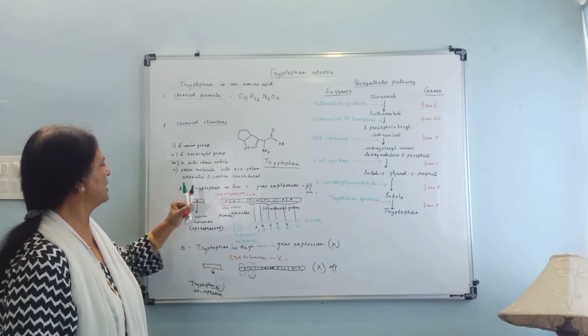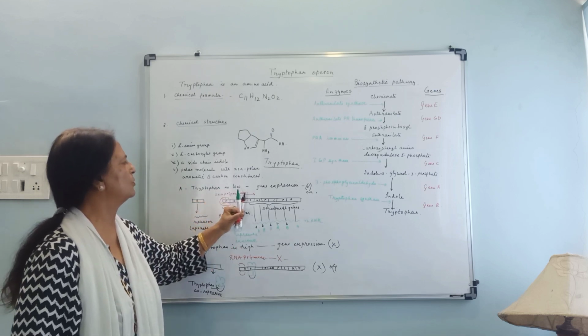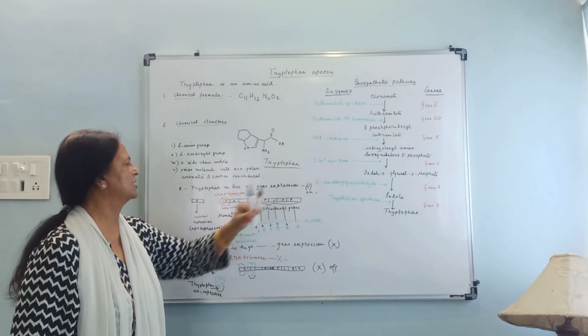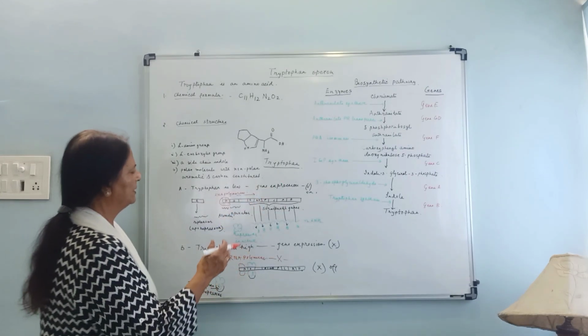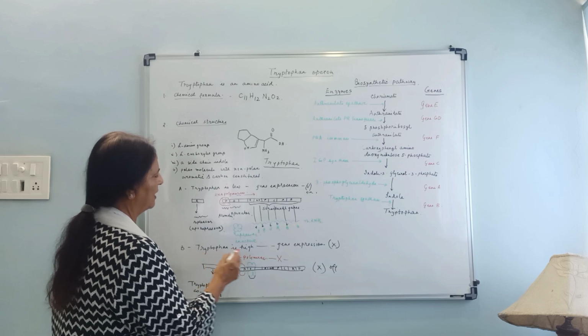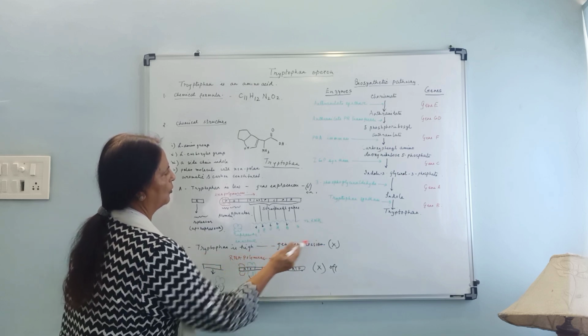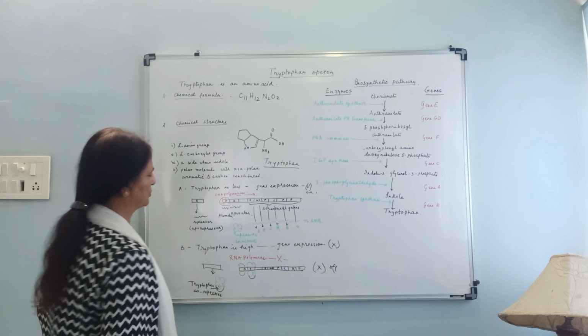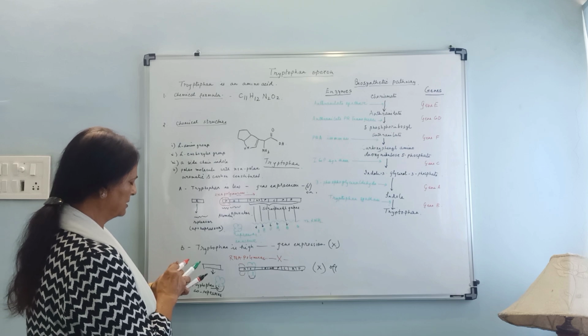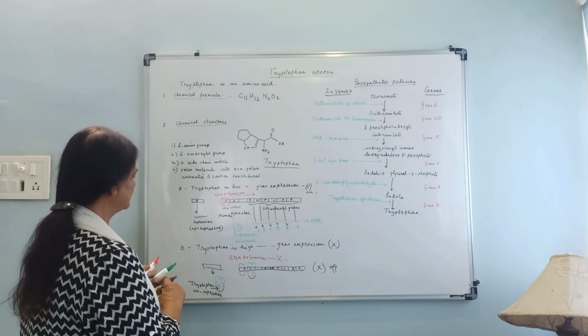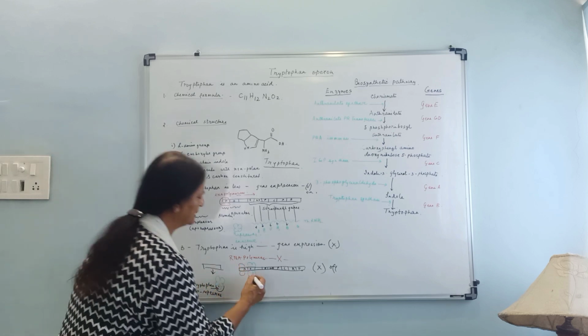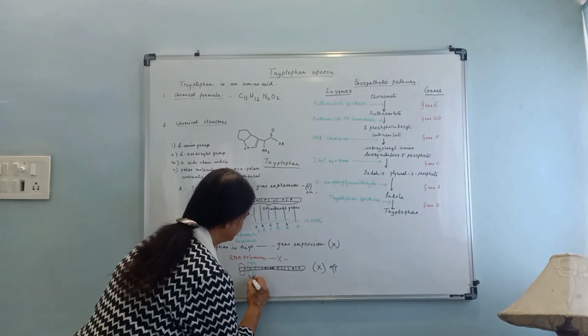So when the level of the tryptophan is low, the gene expression is on, and when it is high, then it is off. That is, it is closed, it is prevented, it is inhibited by the tryptophan, which is acting as co-repressor.